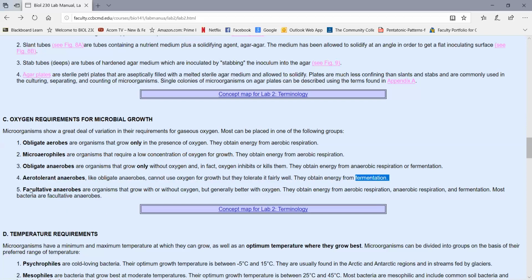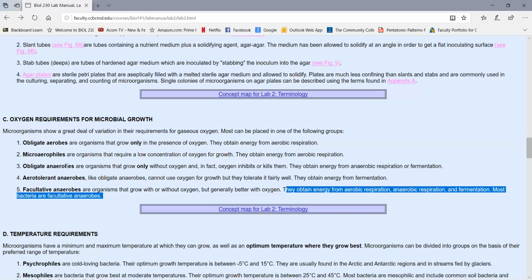And finally, facultative anaerobes are organisms that grow with or without oxygen, but generally better with oxygen. They obtain their energy from aerobic respiration or anaerobic respiration and fermentation. Most of the bacteria that we deal with in lab are facultative anaerobes.